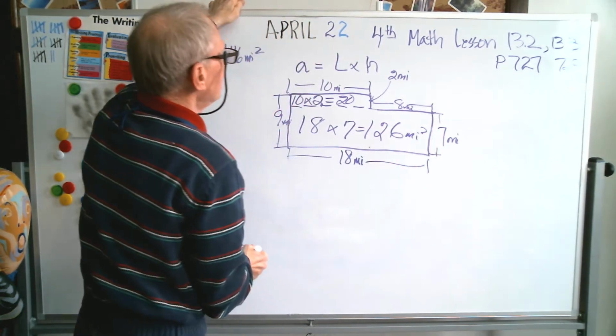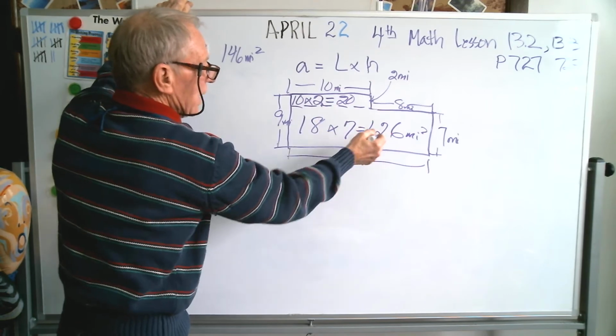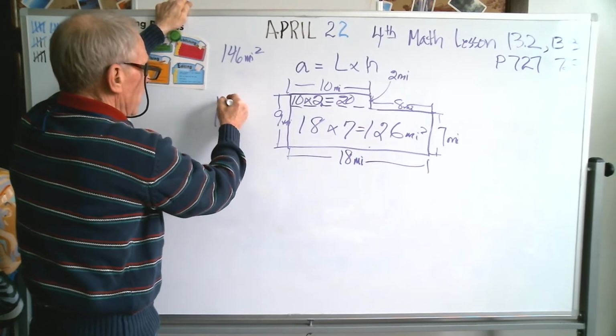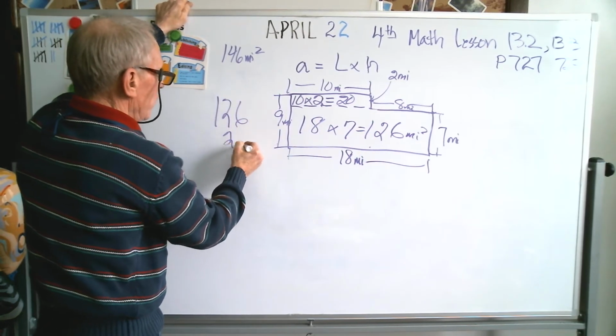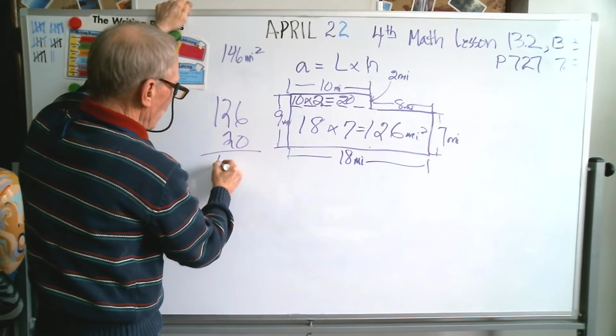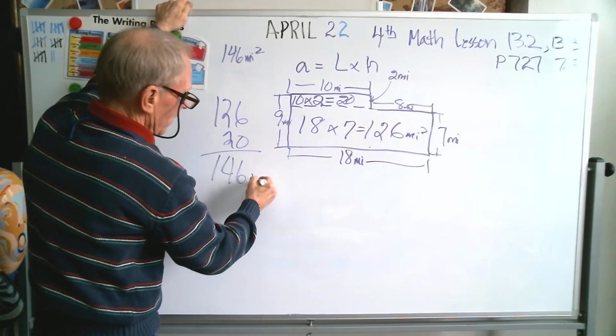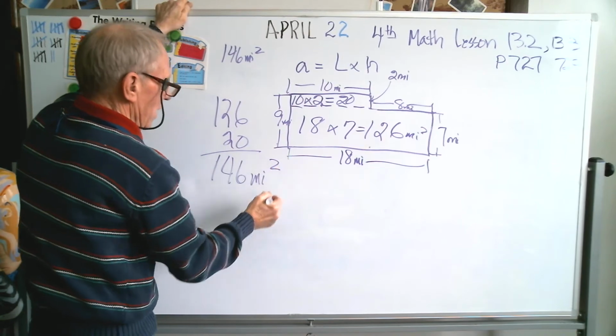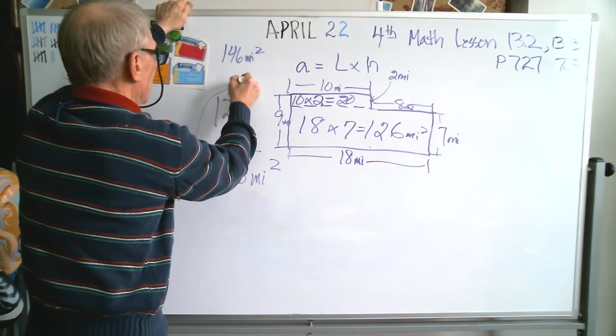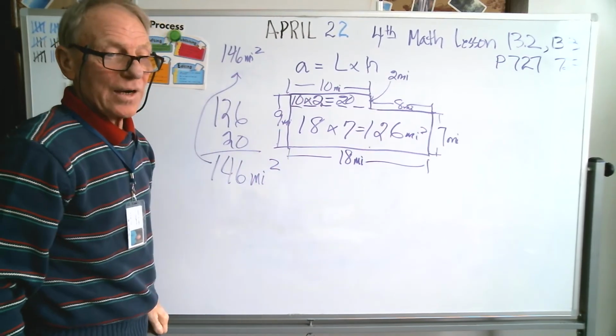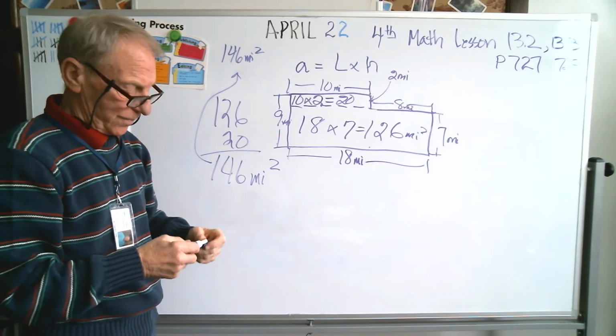So we end up with 20 and 126. Add them together, 146 miles squared. You see, we got the same answer and we solved it 2 different ways.